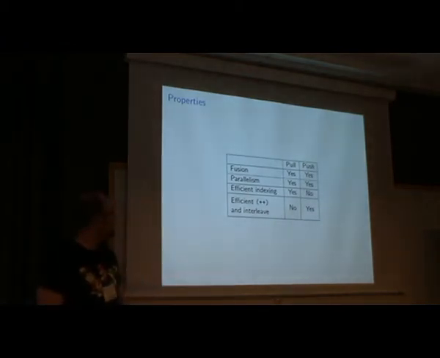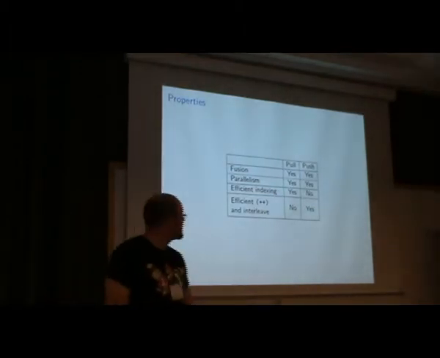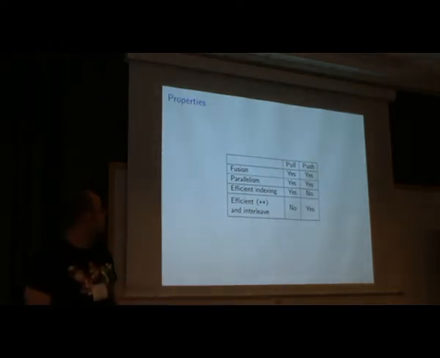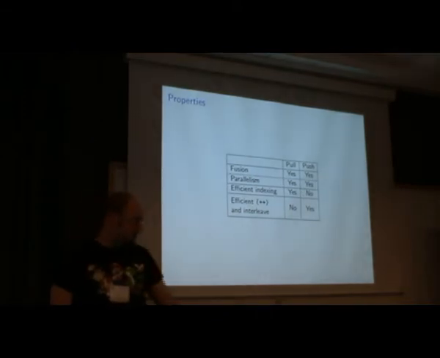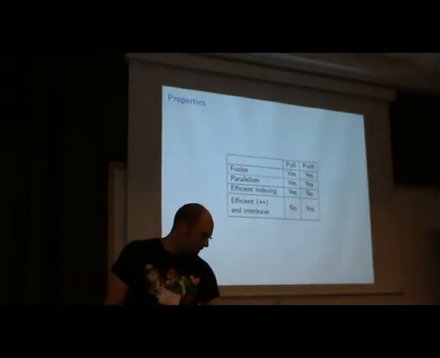There are some more properties. We have fusion of operations on pull arrays. We have fusion on push arrays. We can implement parallel versions of these arrays. We have efficient indexing on pull arrays, but not on push arrays.